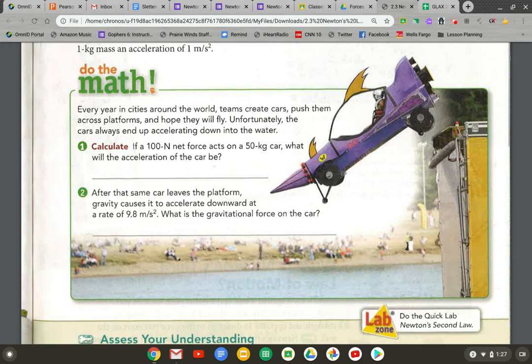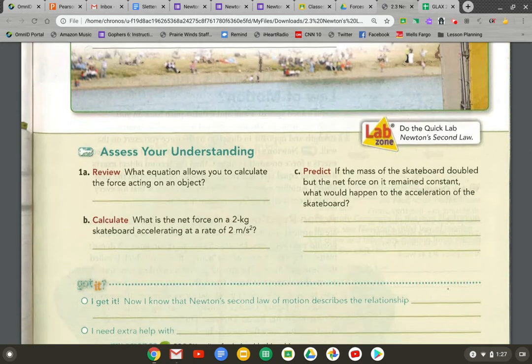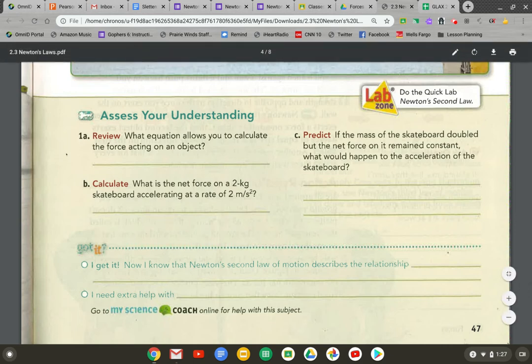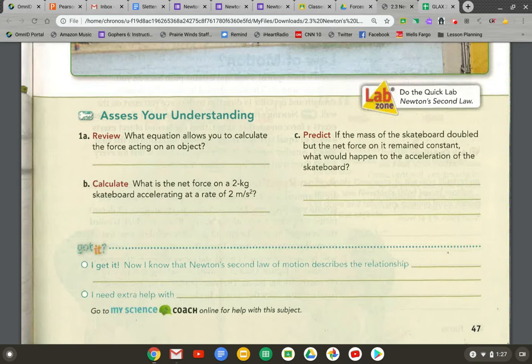Let's quickly take a look at the "Assess Your Understanding" questions at the bottom, beginning with number 1, letter A. It says, what equation allows you to calculate the force acting on an object? Newton's second law says force equals mass times acceleration.